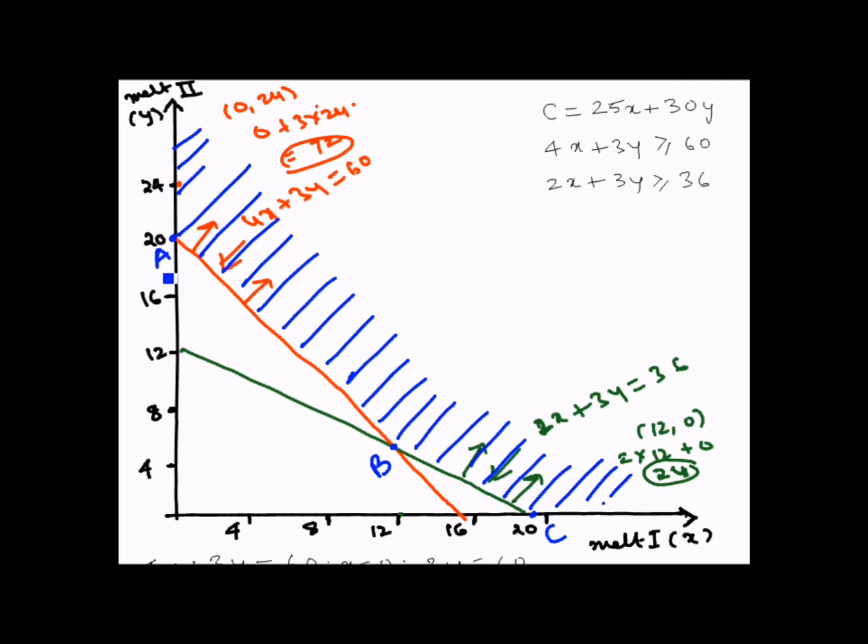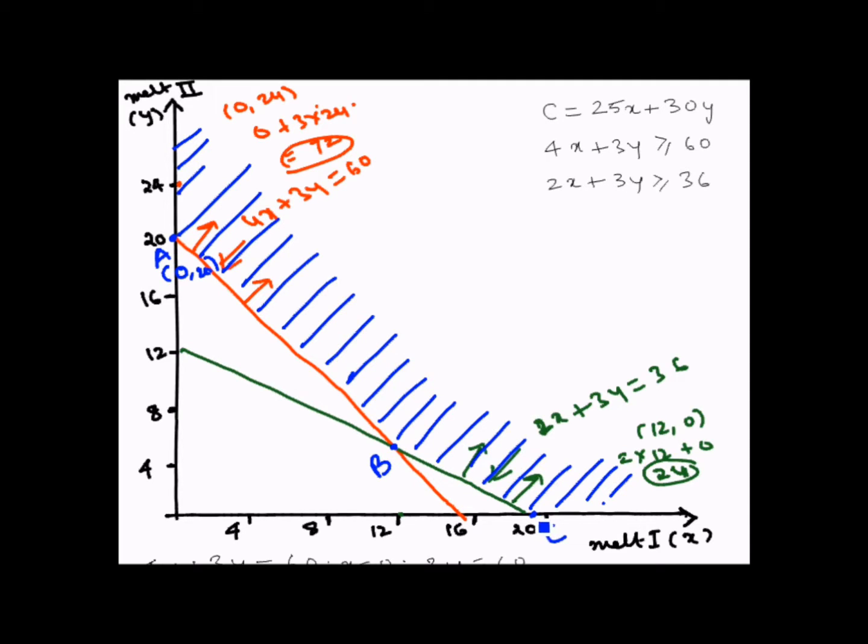So here the coordinates of A and C can be determined easily. So the coordinates of A are 0 and 20. So the x coordinate is 0 and the y coordinate is 20. For point B, we can find the coordinates by solving the two equations for these two lines at the intersection of which this point B lies.